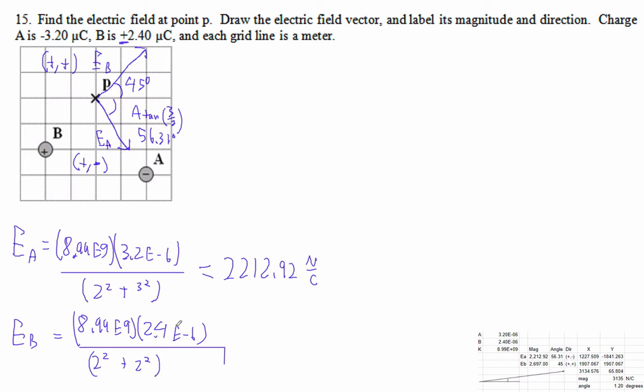Okay, so 2 squared and 2 squared, and 2.4 microcoulombs. So this guy's 2697. It comes out even. Like, what are the odds? Newtons per coulomb. Somehow I got to 7 and I wrote the N. So 2697. That's kind of cool.